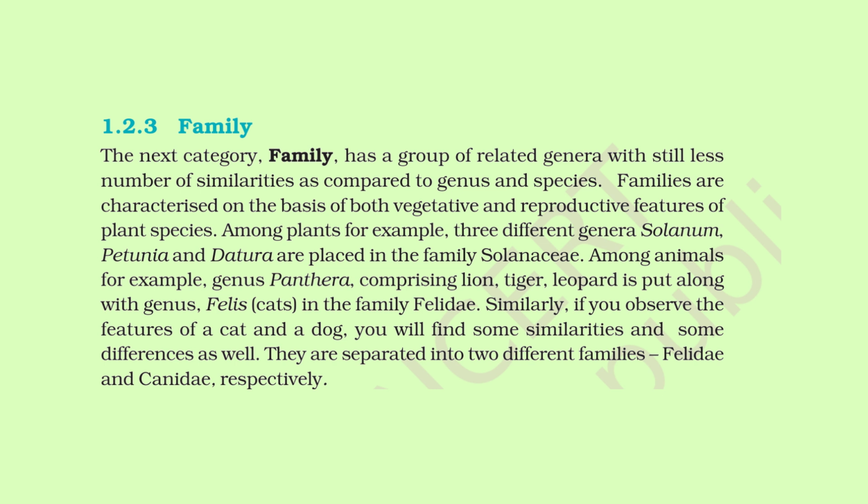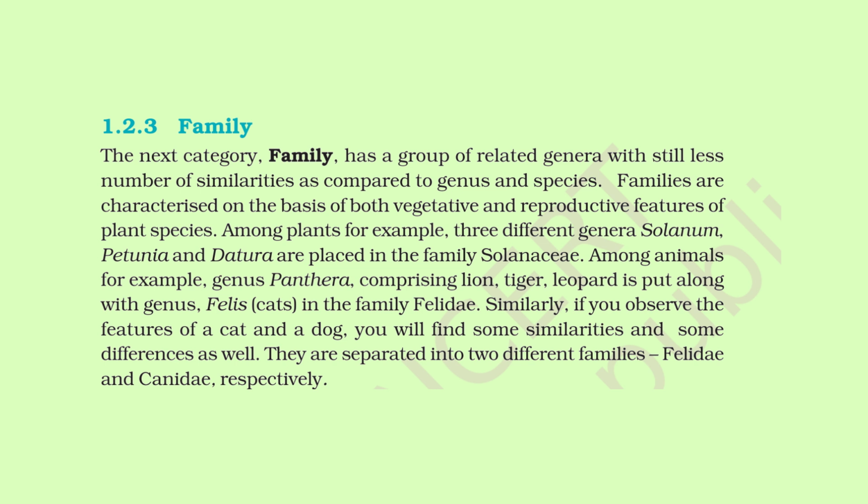1.2.3 Family. The next category, family, has a group of related genera with still less number of similarities as compared to genus and species. Families are characterized on the basis of both vegetative and reproductive features of plant species. Among plants, for example, three different genera, Solanum, Petunia, and Datura, are placed in the family Solanaceae.